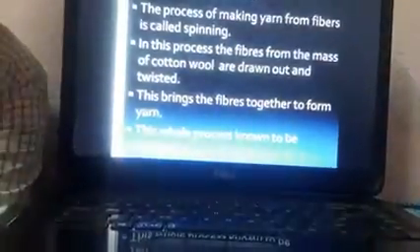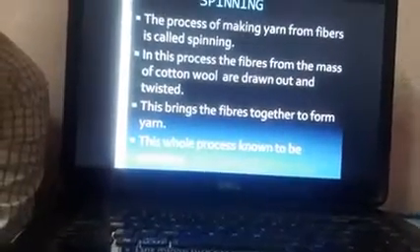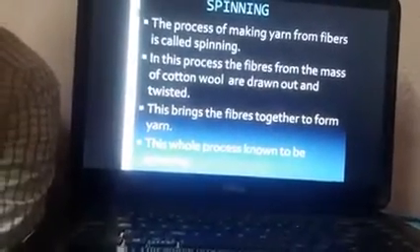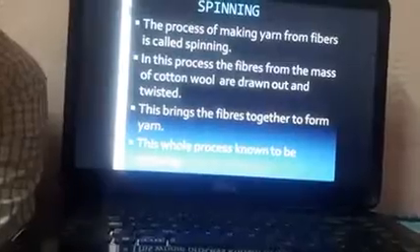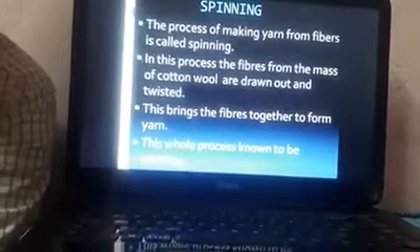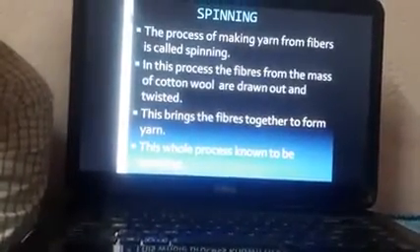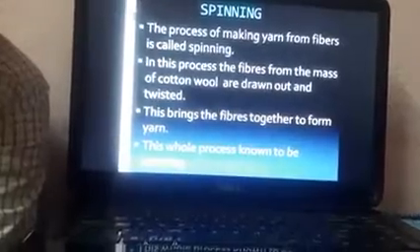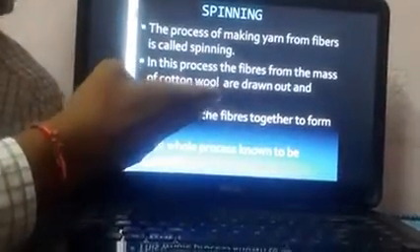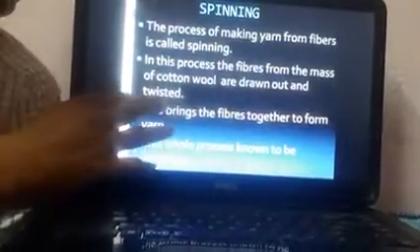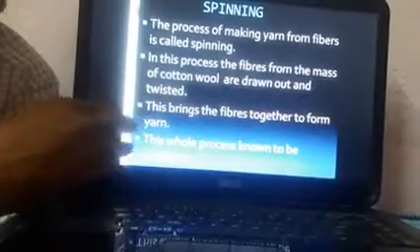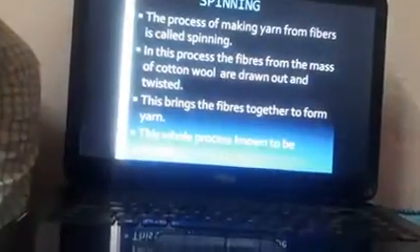Cotton wool is drawn out. Actually, in the flower of cotton, seed is also present, so we have to separate the cotton wool and seeds perfectly. Now the cotton wool is drawn out and twisted like a thread so that yarns can be prepared. This brings the fibers together to form yarn.